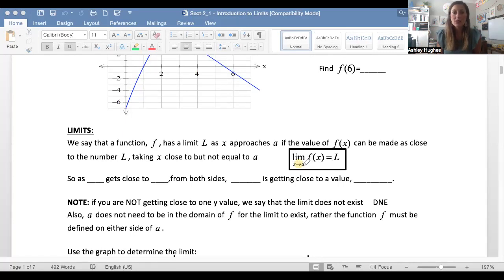As the x value gets close to a, what is the y value getting close to? So as x gets close to a from both sides, f of x is getting close to the value L. If you're not getting close to anything, or if you're going to two different places, then we would say that the limit doesn't exist.